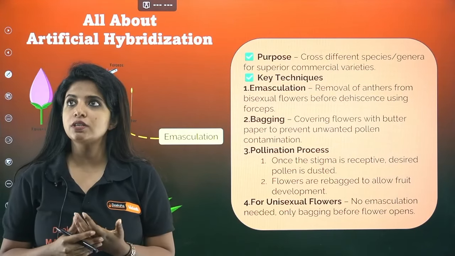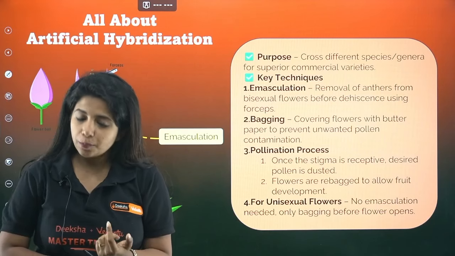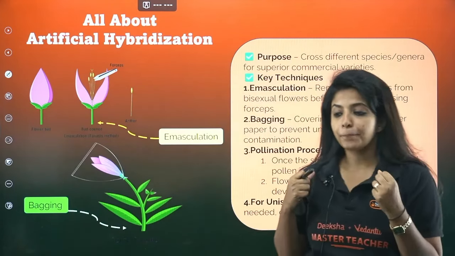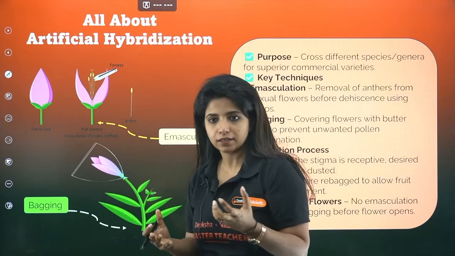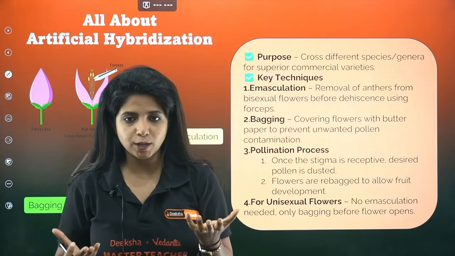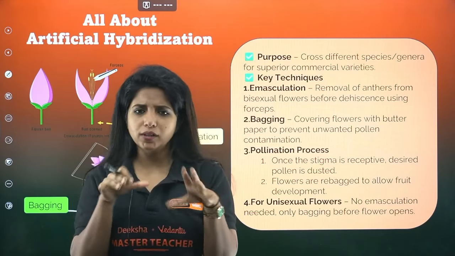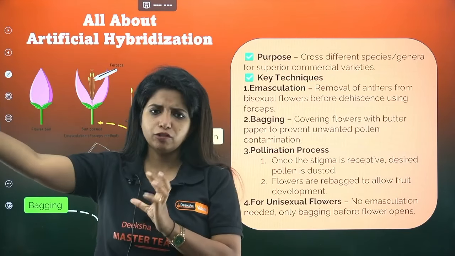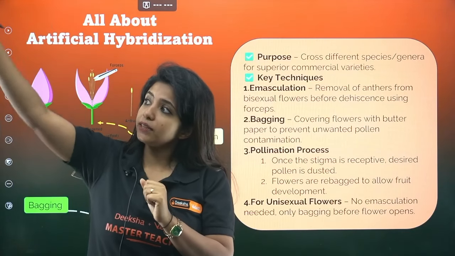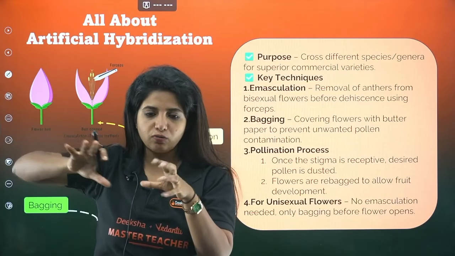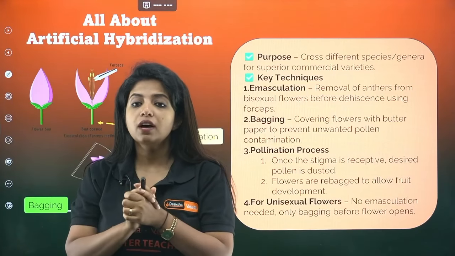Artificial hybridization is a process where you want to produce your desired type of plants. Suppose I have a plant which has all the good features, and I have another plant which also has some good features. I take the pollen grains from those plants and put them on the stigma of this flower, species specific only, and then I do the process of fertilization.